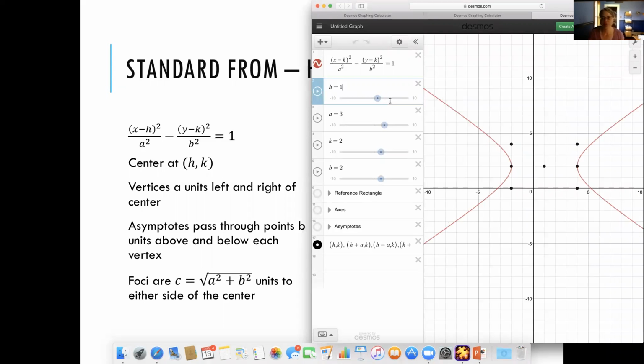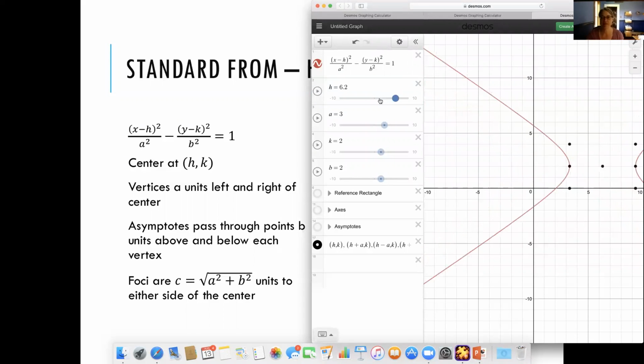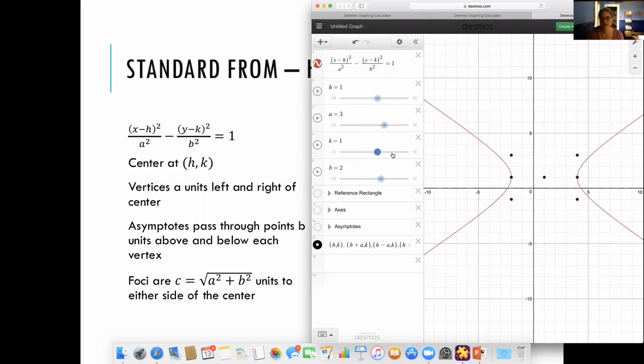You can see I can move my center point left and right. I can move my center point up and down by changing my K parameter.